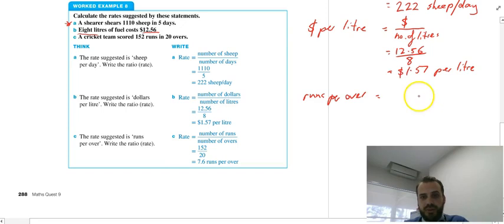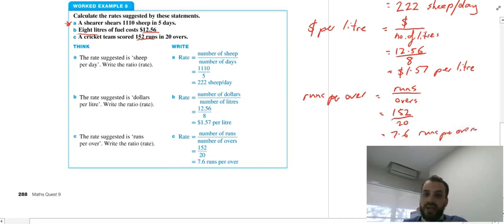That's going to be equal to runs divided by the number of overs. So 152 divided by 20 is 7.6 runs per over. That's all right in like a one-day international, but not great in a game of 2020.